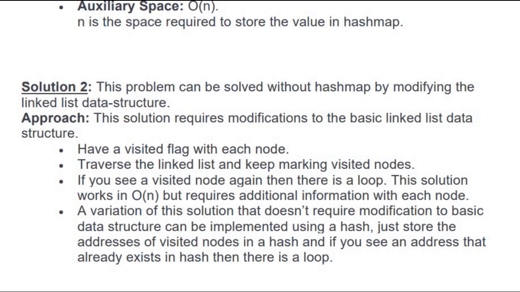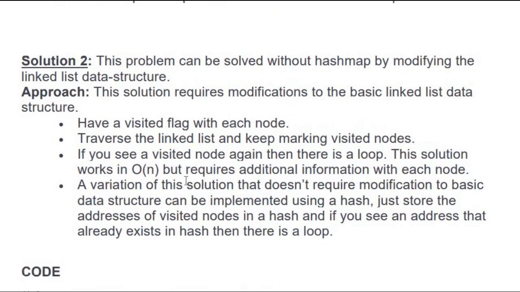As you can see, we modified the data structure itself and added a column where we put a sign if we had visited that node already or not. We will simply traverse the linked list and keep marking visited nodes. If we see a visited node again, there is a loop.